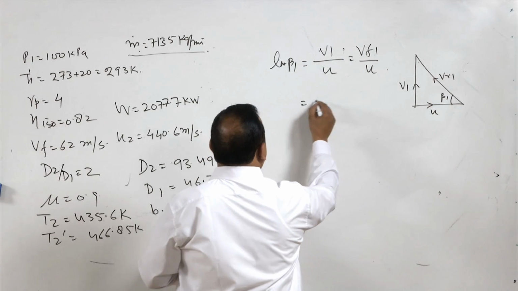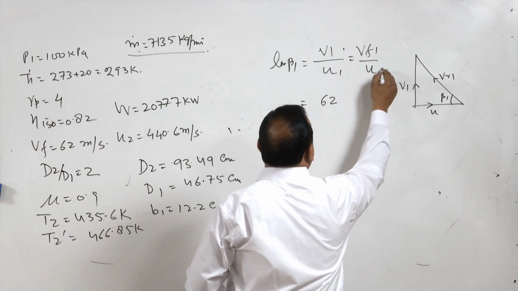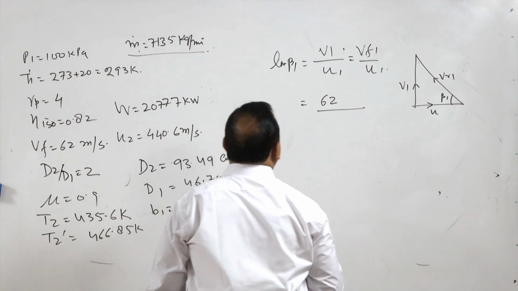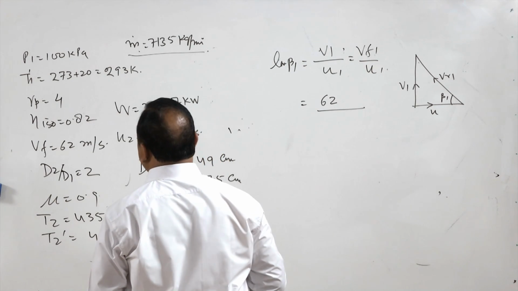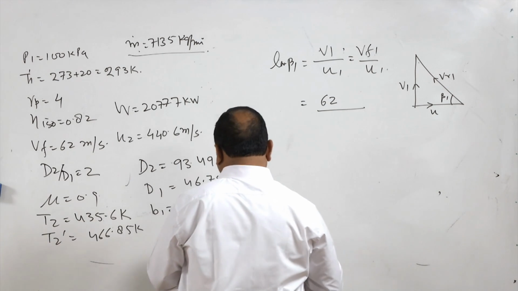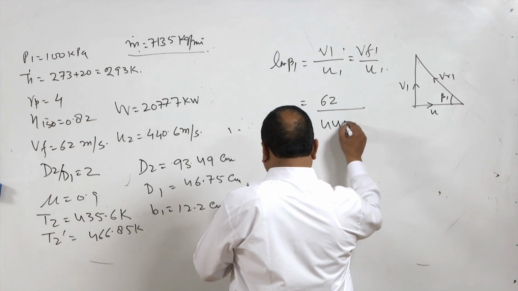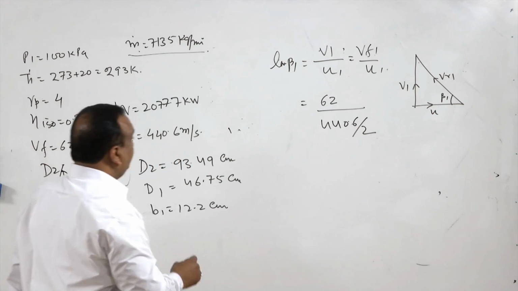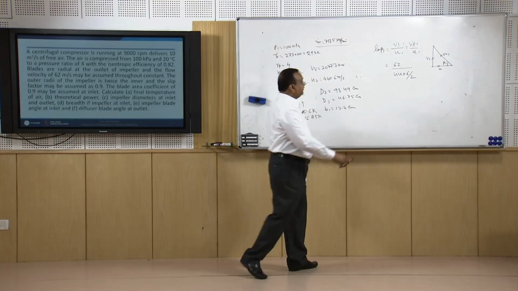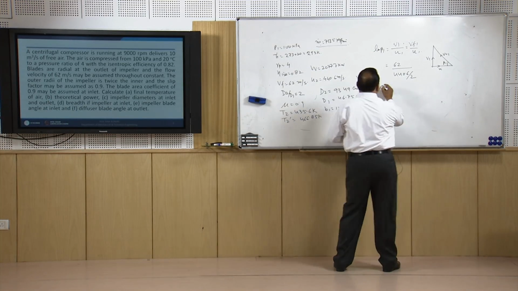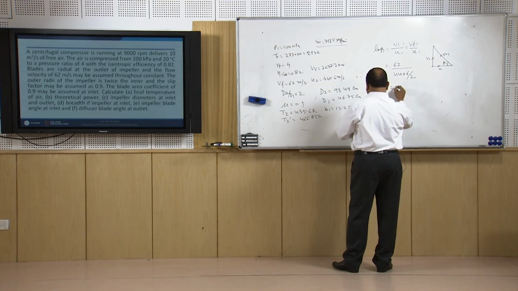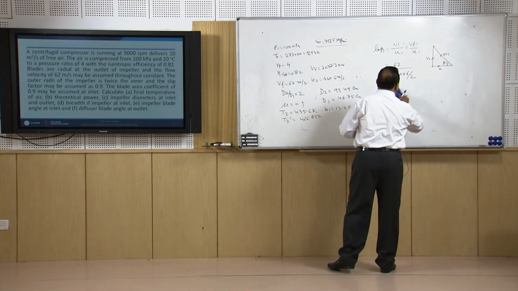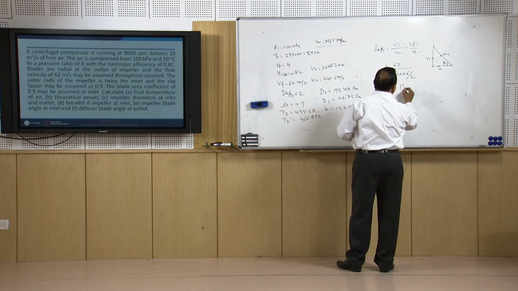That is 62 over U1, where U1 is 440.6 divided by 2, because we have the value of U2. This gives beta 1 as 15.7 degree.